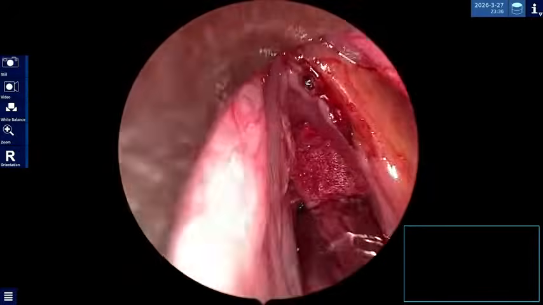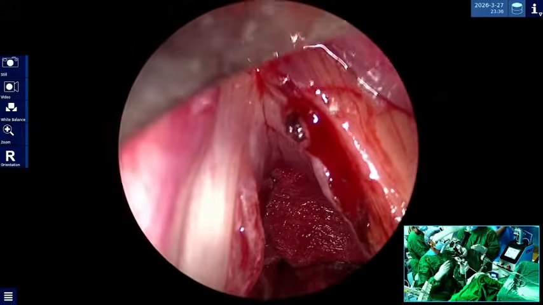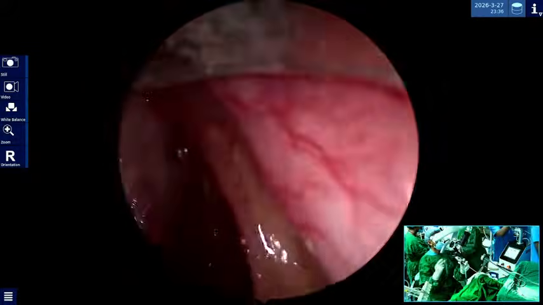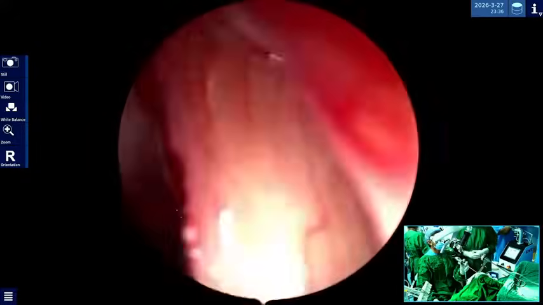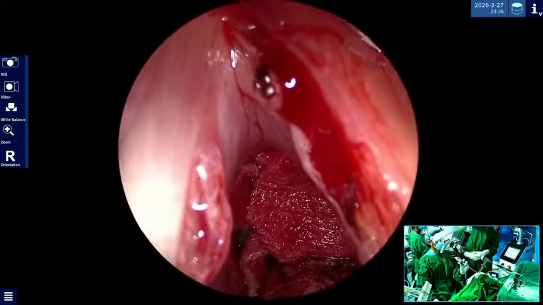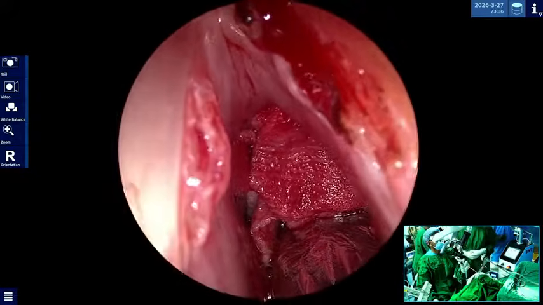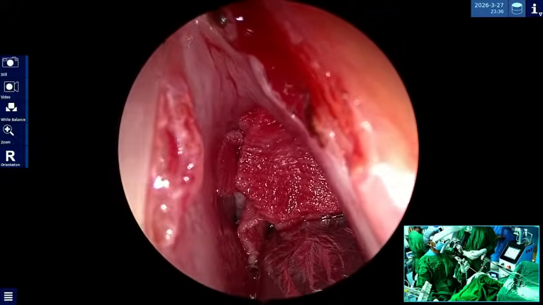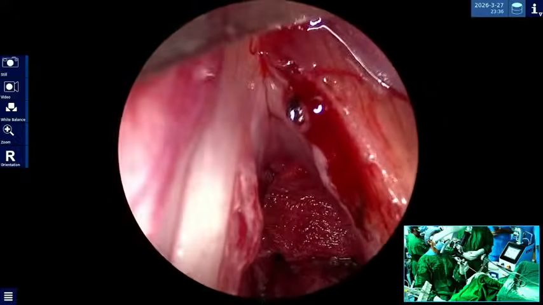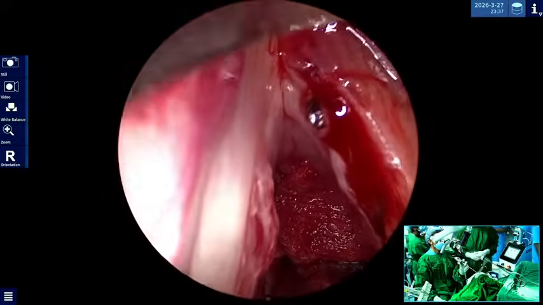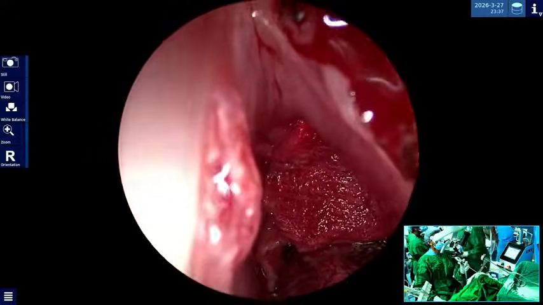So you can have a final picture after removing the clot. Have you come across any case of synechiae post-operatively? If you have disturbed the anterior commissure area, the mucosal trigone area we call it, on both sides, if you have created a raw surface, then you get synechiae. Otherwise you will not get synechiae, sir.